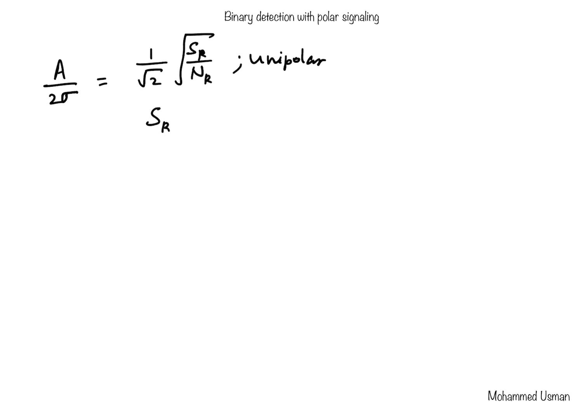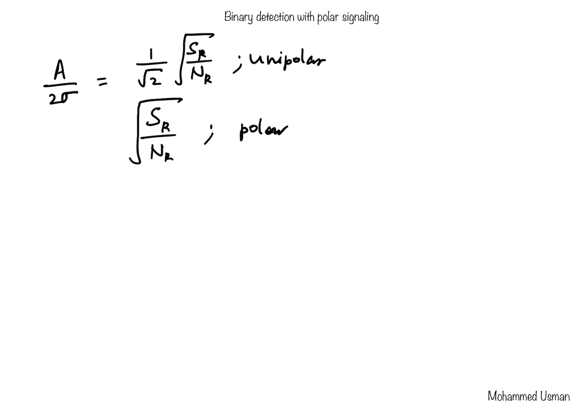So writing down those expressions again, a by 2 sigma is equal to 1 by root 2 into square root of SR over NR in the case of unipolar, and for polar the same a by 2 sigma is representing the square root of the signal to noise ratio.